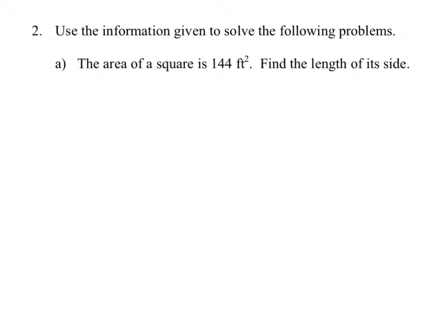Use the information given to solve the following problems. In part A, the area of a square is 144 square feet. Find the length of its side. We know that for a square, all the sides have the same length. So we can assign x as the length of the side, and x is the length of all of the sides.